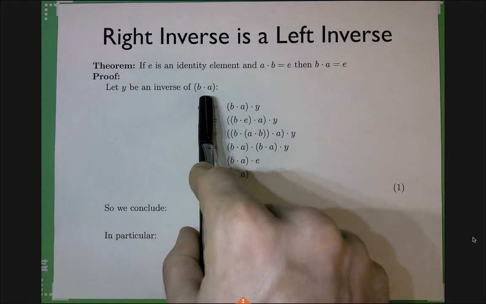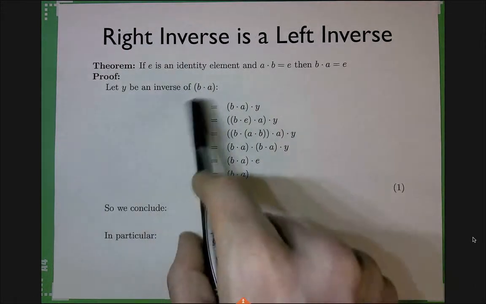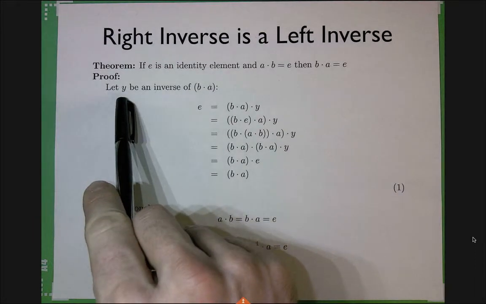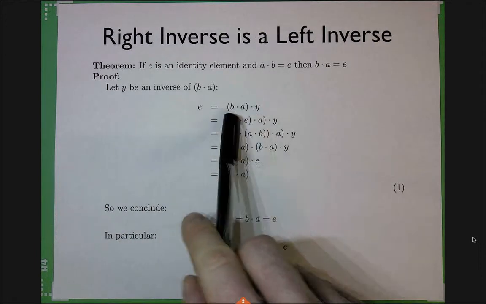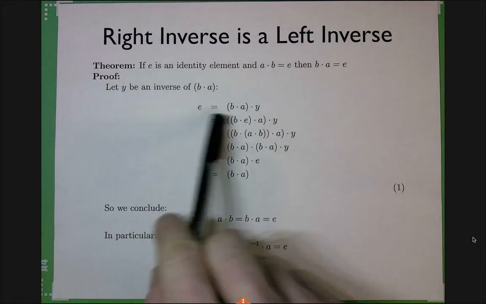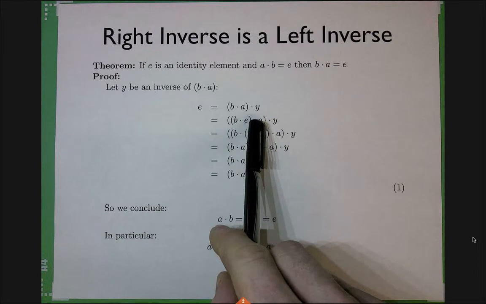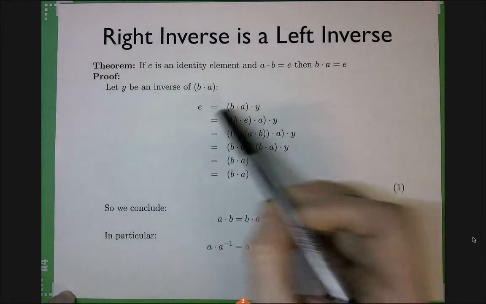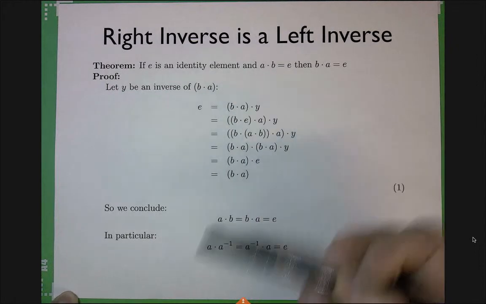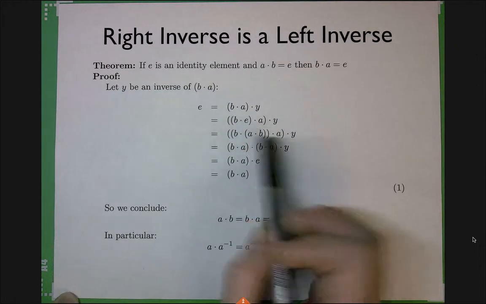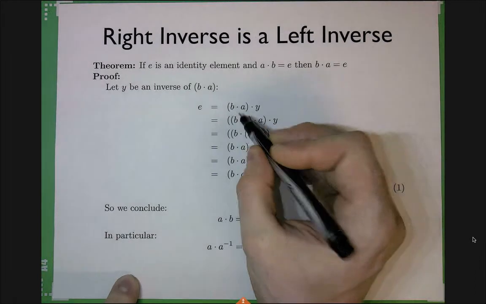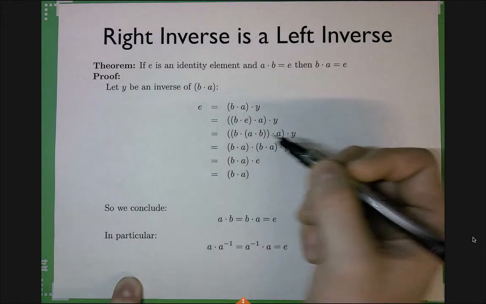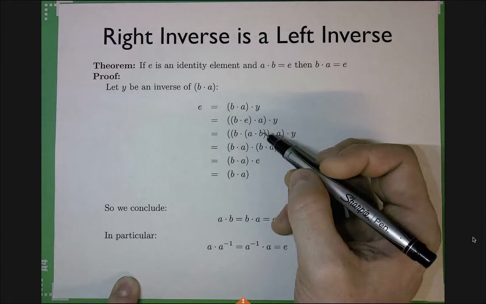From the closure, it has to be. Every element has an inverse, right? So we can say that Y is that inverse. Then if this is the inverse, it means that E is B dot A dot Y, right? Because Y is the inverse of this. And because E is the identity, I can as well multiply the B with the identity, right? That's the second step. I just stuck the identity inside here. B dot E is B, right? So nothing has changed. It's equal.